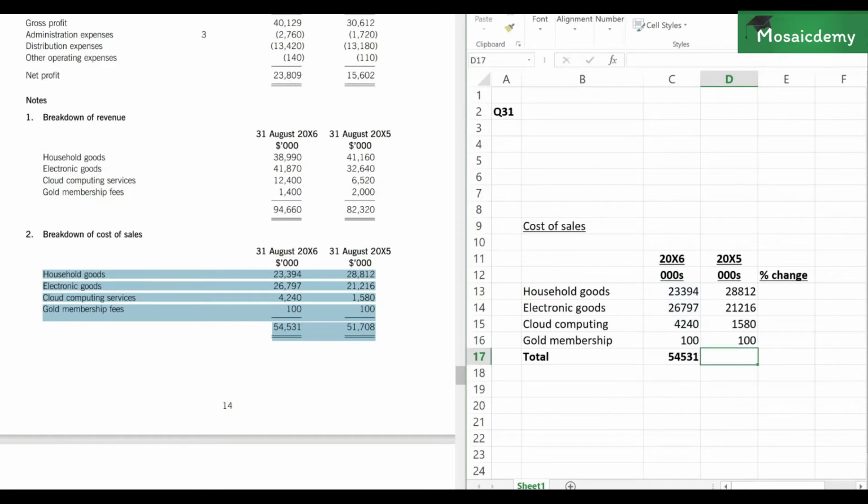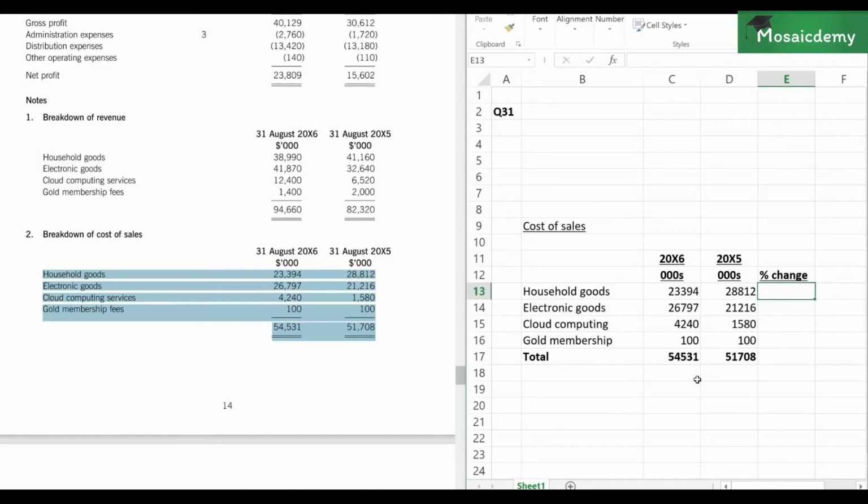Why? Because you need to check if you made any typos. If this number matches the number over here, 54,531, 54,531, it means I haven't made typos up here. So it's a good check, because typos are very easy to make when you're under exam pressure. So that's fine. Both those numbers check out.